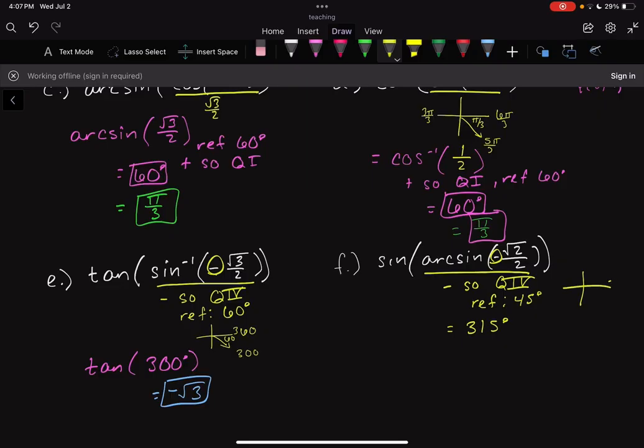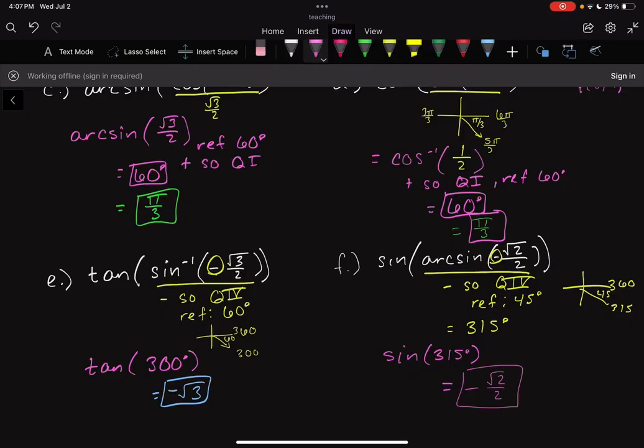I would get that by doing 360 minus 45, so that's 315. So then I'm looking for sine of 315.